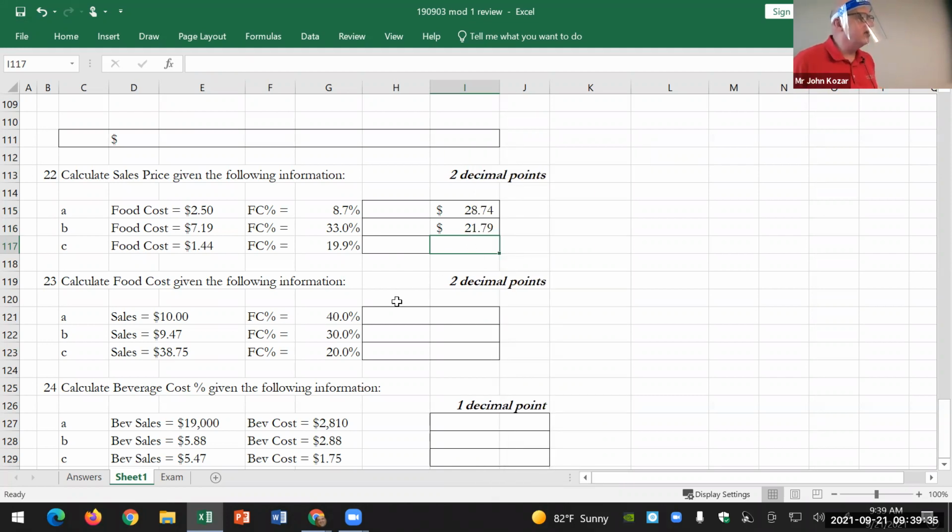So then the last one, $1.44 divided by 18.